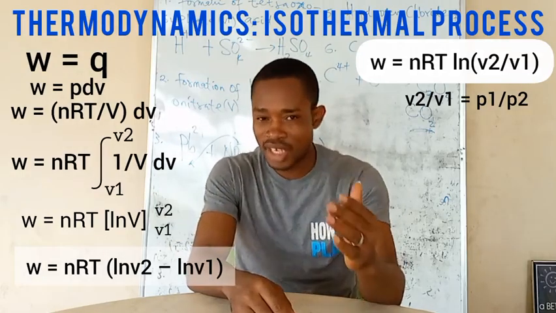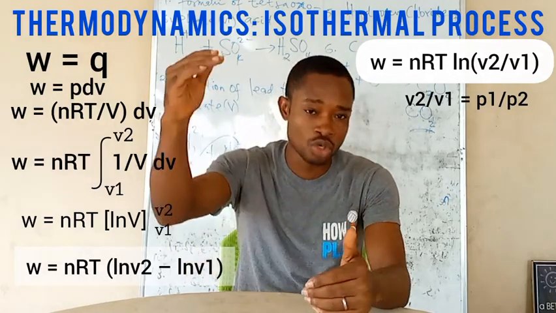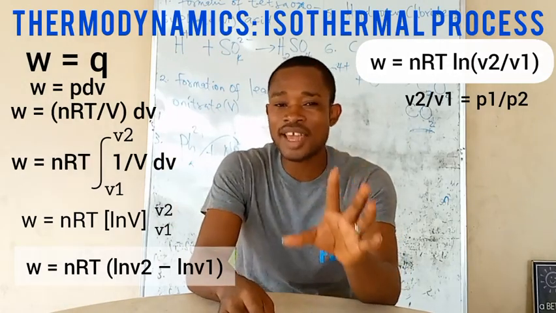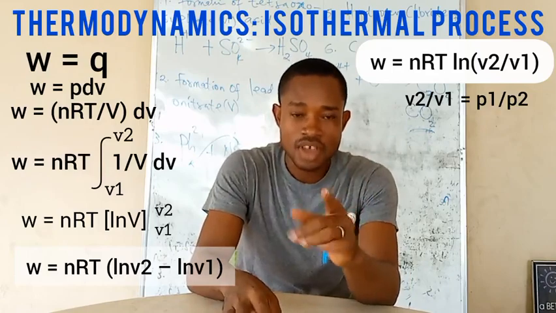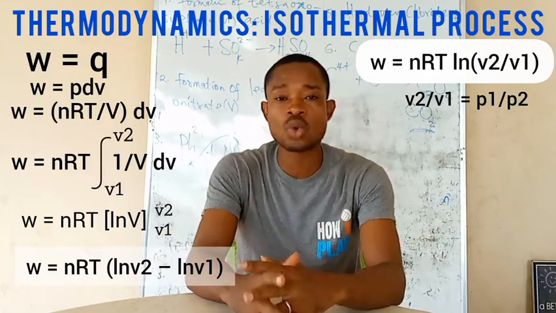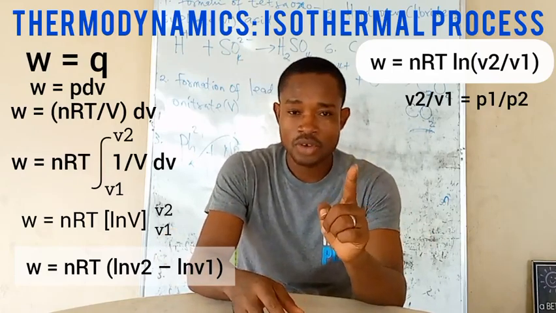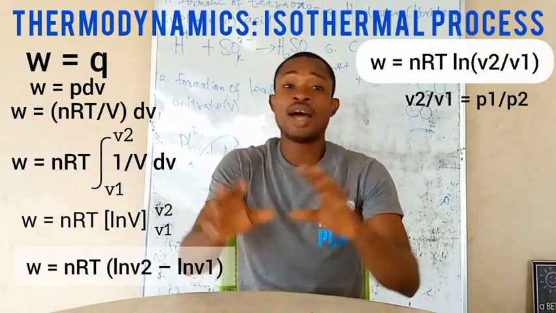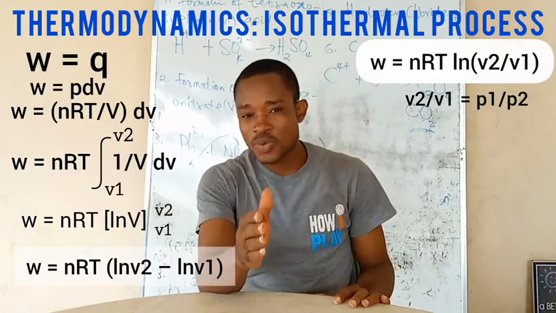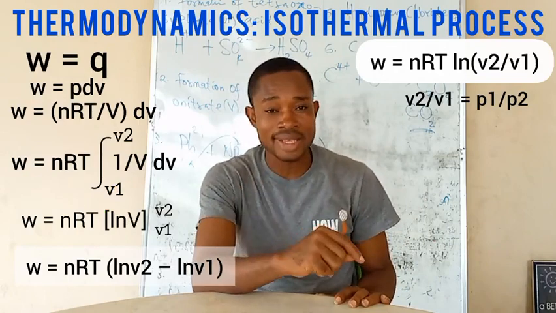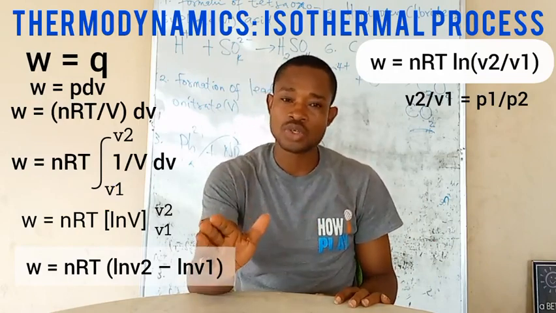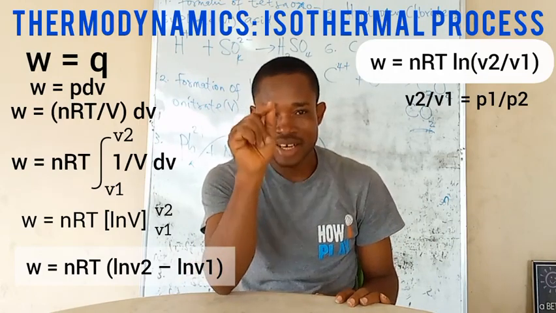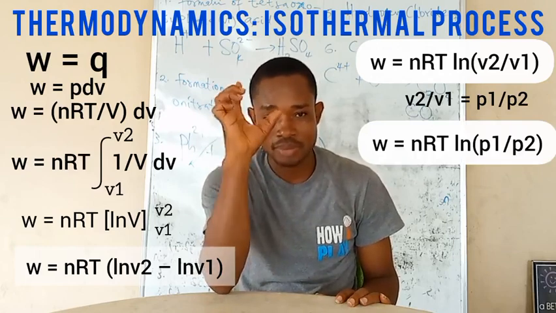We have already derived it in terms of volume. We had ln V2 over V1. Now applying Boyle's law, take note, V2 over V1 is equal to P1 over P2. And therefore, we can still express isothermal work formula as W equal to nRT ln P1 over P2.